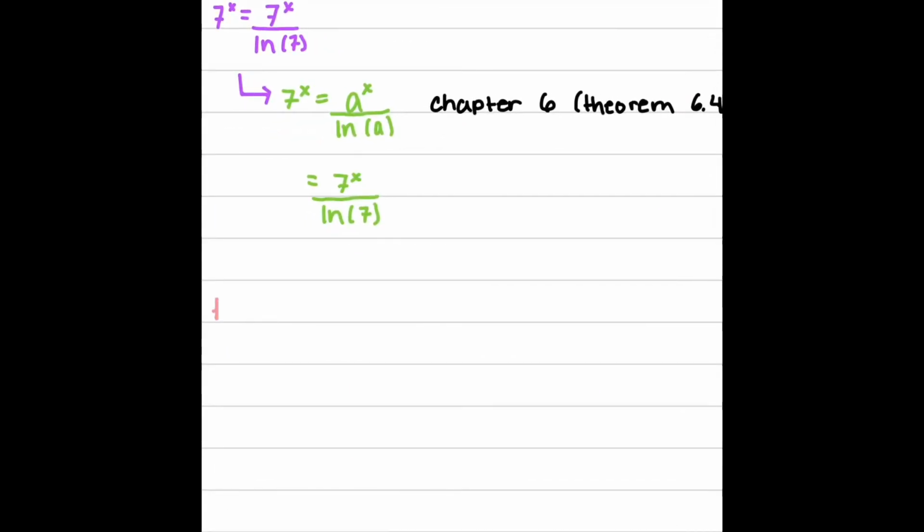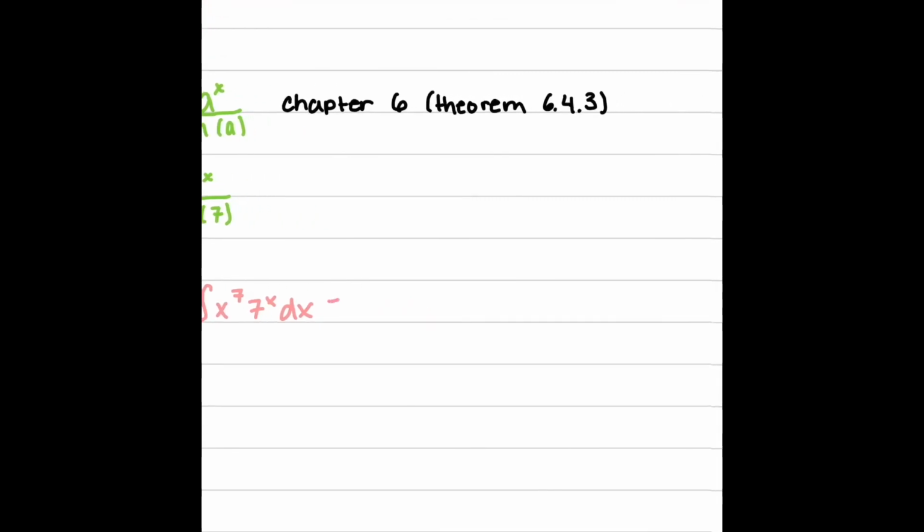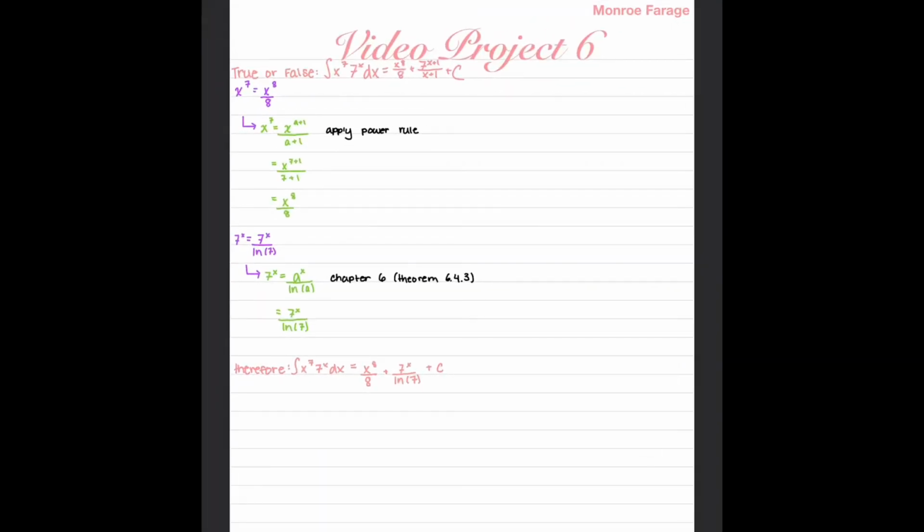And then I'm going to write therefore the integral of x to the 7th power, 7 to the x power, d of x is equal to x to the 8th over 8 plus 7 to the x power over the natural log of 7 plus c. Alright, and then I'm just going to take a quick highlighter and just highlight the answer. It's going to be false.